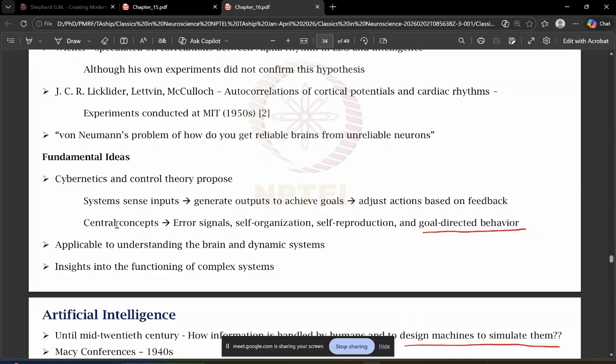So it will provide feedback to the system to adjust its actions to produce a new output. So it will be a loop. Each time an input is sensed, it will give rise to an output, and because of that output, there will be feedback which will influence the system to generate a new output by adjusting the actions of the system.